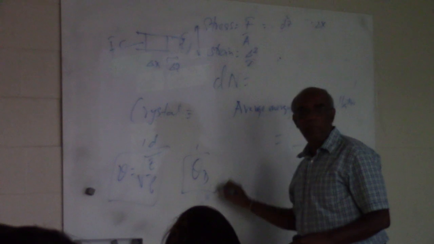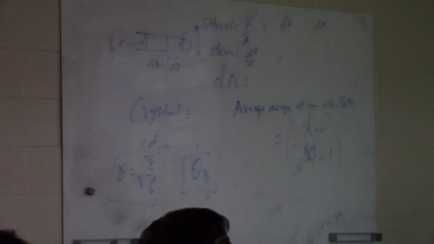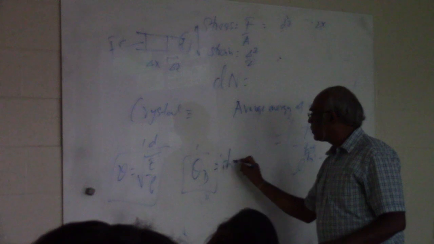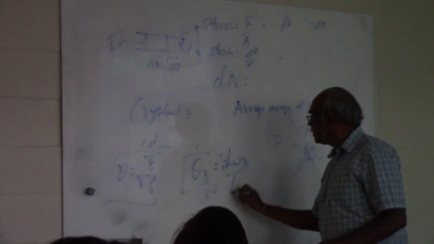If you look at materials, this Debye temperature will tell you how stiff your material is. The Debye temperature is a measure of your stiffness. For example, diamond has a very large Debye temperature. If you take a soft material, that has a very low one, because that tells you the stiffness of your material, right? This Debye temperature is given by h cross omega D over kB.